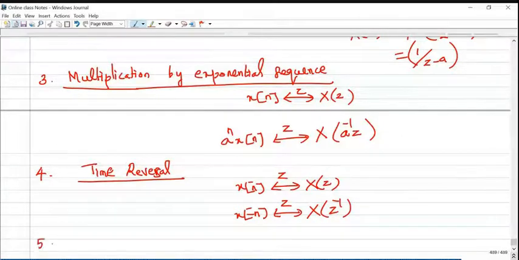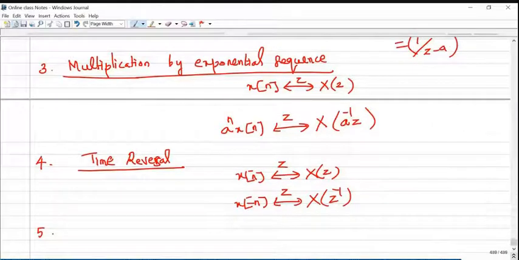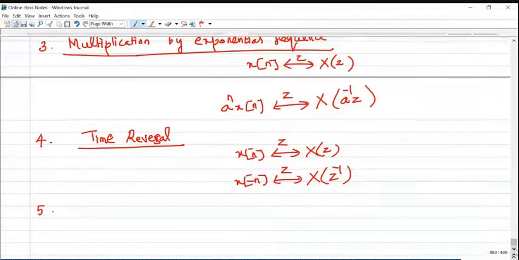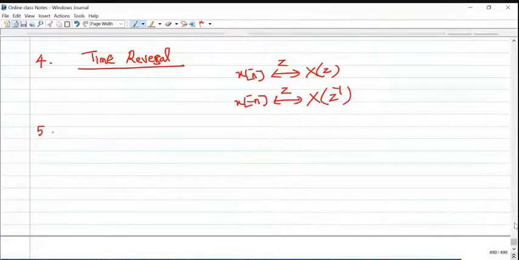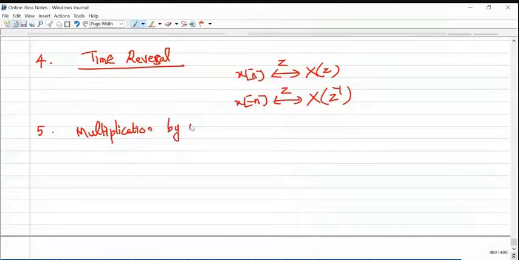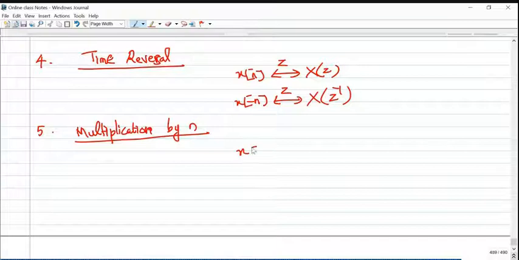Next, differentiation property or multiplication by n. Both are the same. Differentiation in frequency domain, or multiplication by n. Let's consider x of n has Z transform x of z.